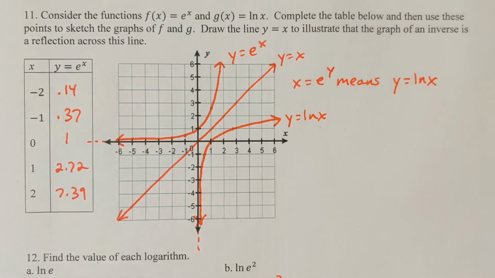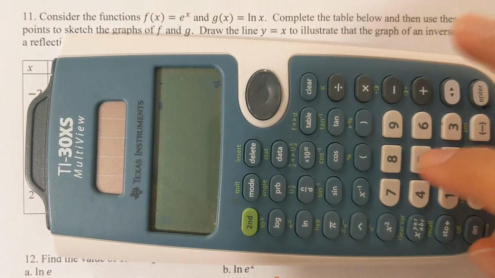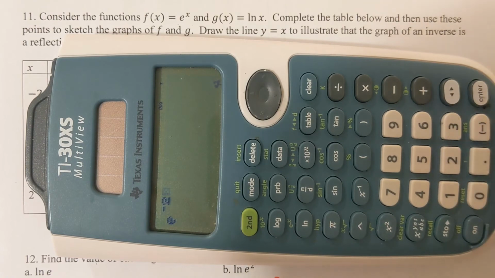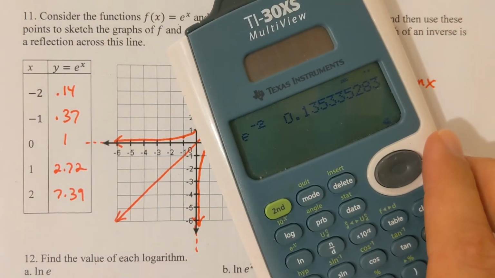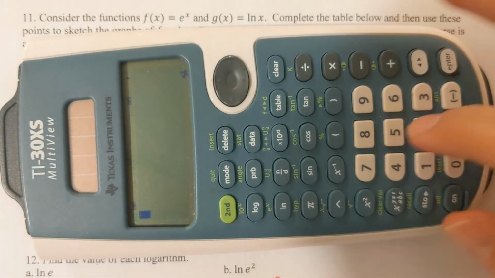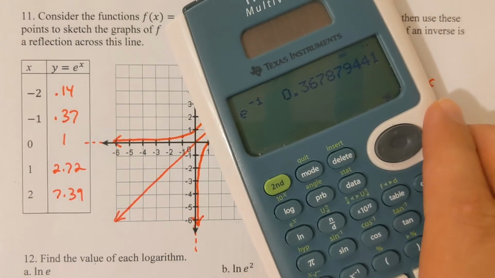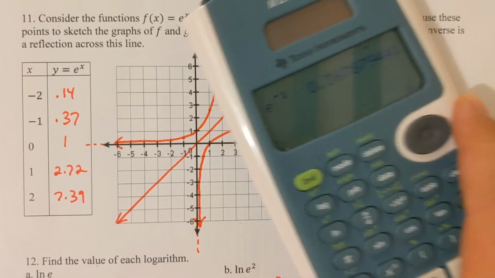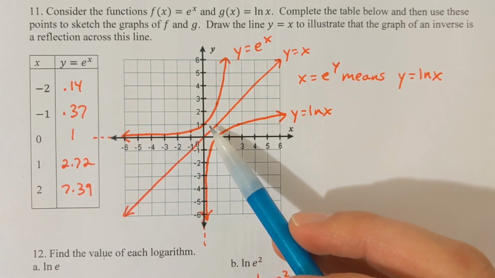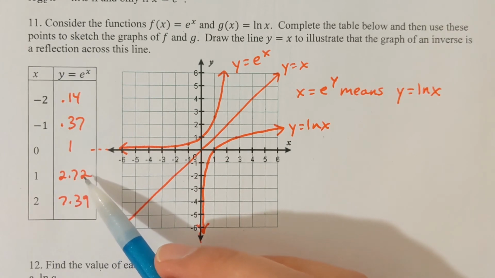When x is equal to -2, e to the -2nd power is 0.14 to the nearest 2 digits. e to the -1st power is 0.37. Anything to the 0 power is 1, so here's 0, 1. If x is 1, e to the first is e, which is roughly 2.72.